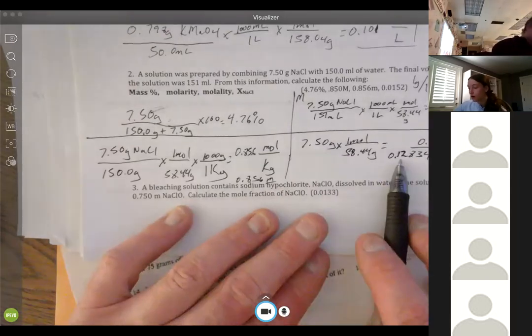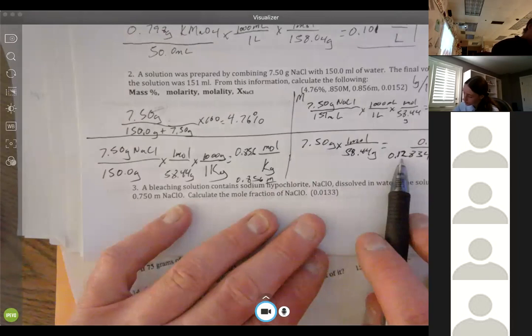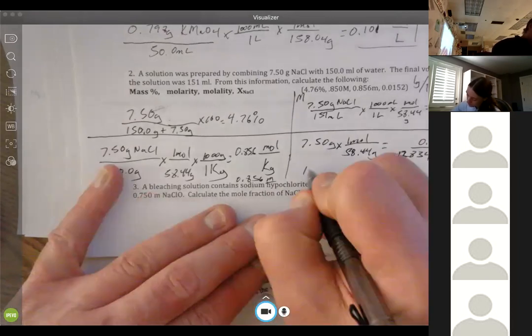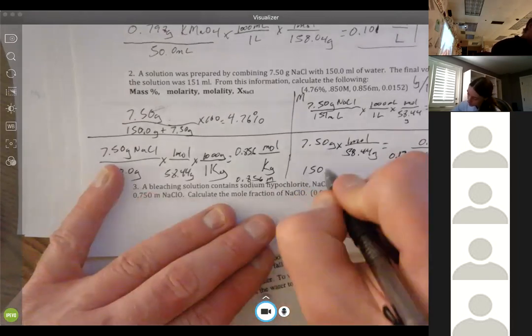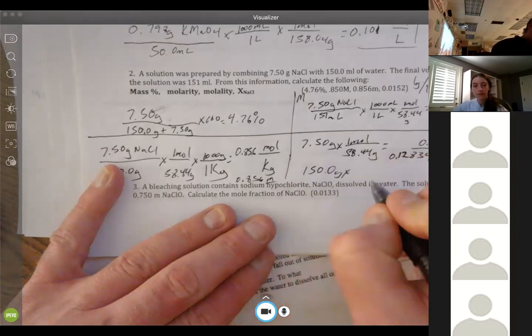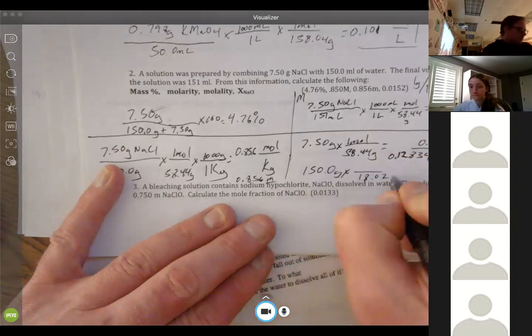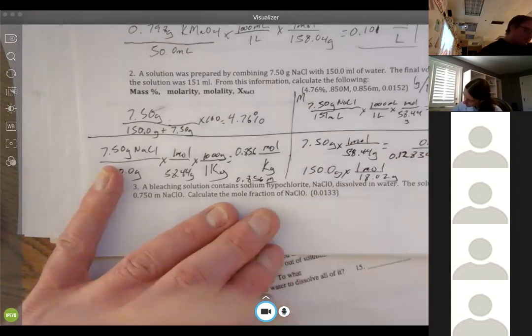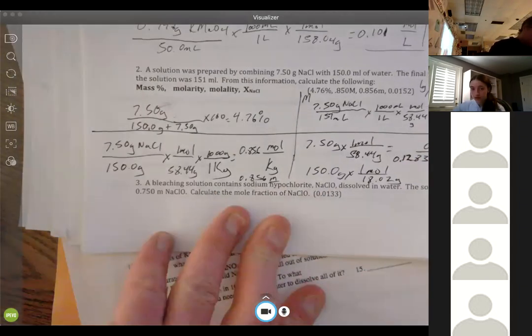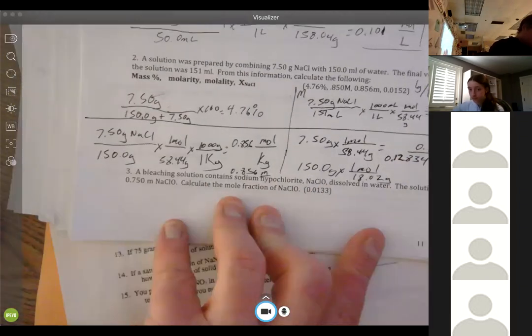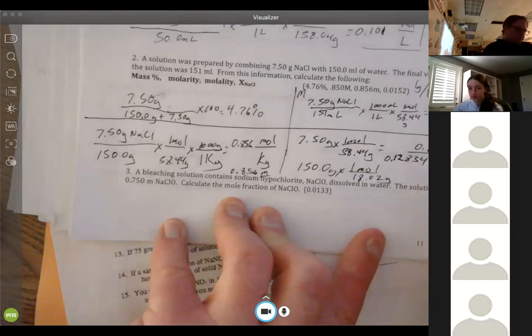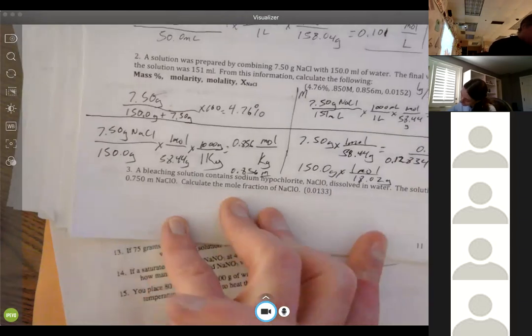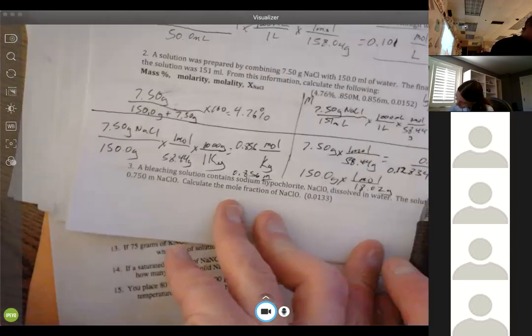It's okay. 150 is 18.02 grams per 1 mole. 150 divided by 18.02 would be about 8.324. 0.12834 plus 8.3241. The answer is about 8.4524.